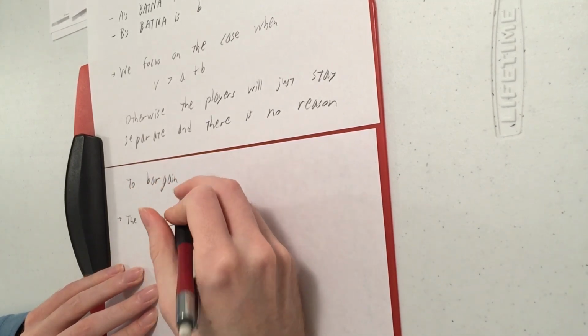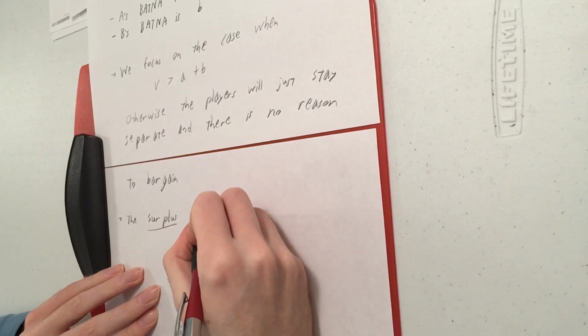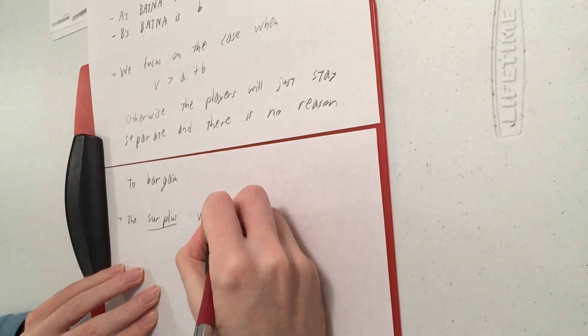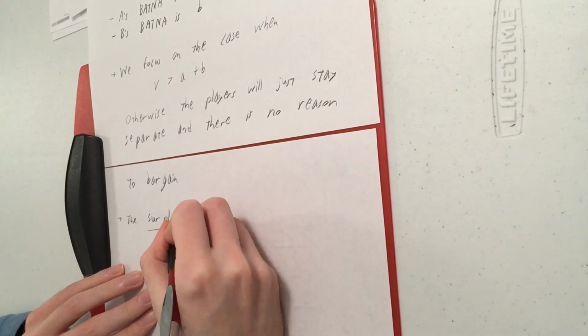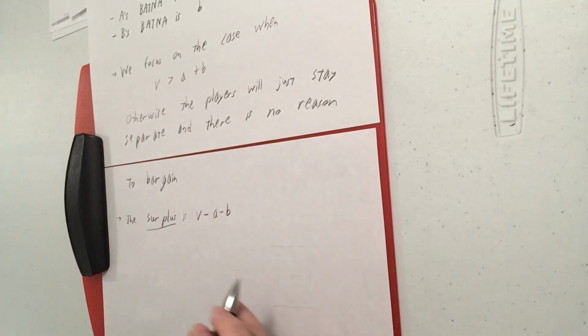So we define surplus to be the total value minus the BATNAs. So those are the extra benefits from working together.